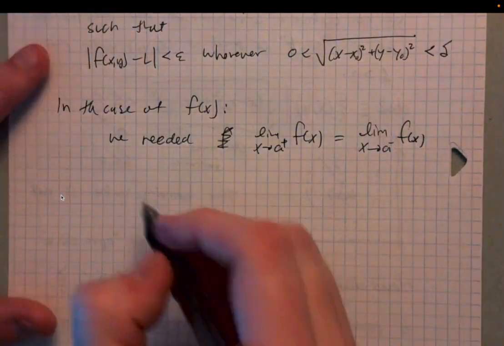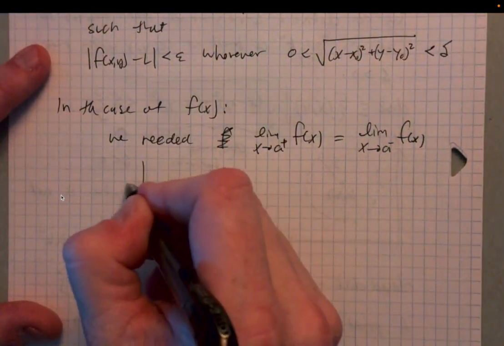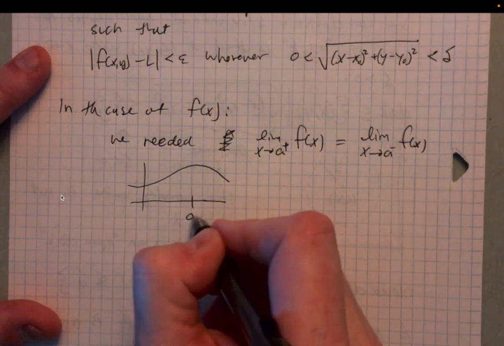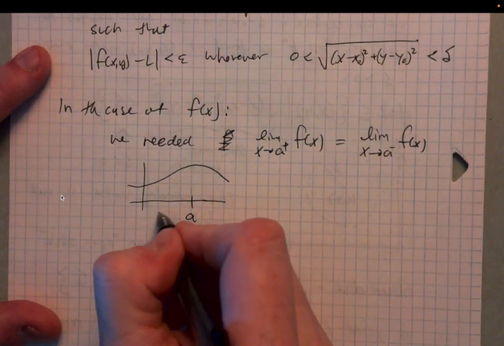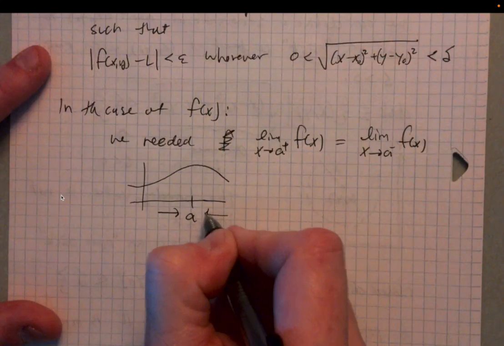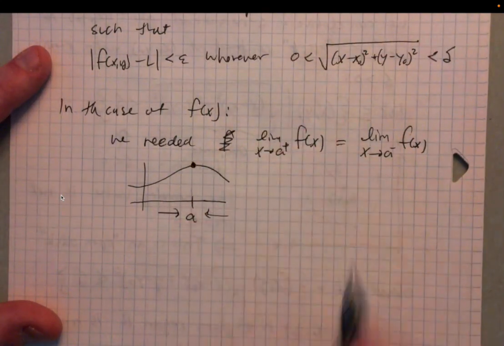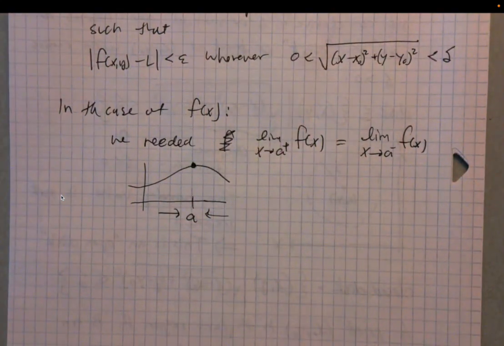And so in this case, you had some function and then some point a, and we needed the approaches from both directions to produce the same value in order for the limit to exist.